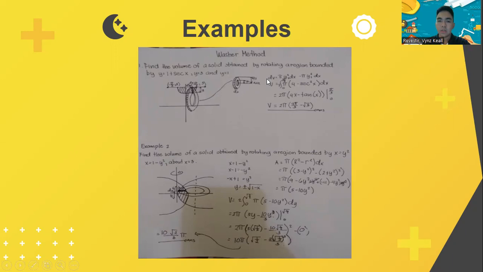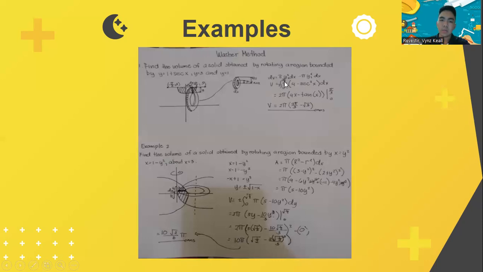So the derivative of the volume is equal to pi y sub 2 squared dx minus pi y sub 1 squared dx. So the volume is equal to the integral of pi times 4 plus secant squared x dx, with limits 0 to pi over 3.